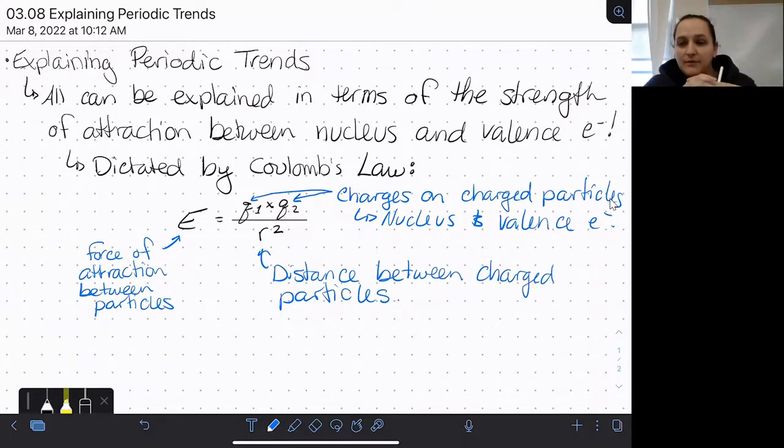So the takeaway from Coulomb's law is that the energy or the strength of the attraction is related to 2 main things: the size of the charge and the distance between those charges. The way that it's related, we can see from this equation, which is the only reason why I show you this equation, is that larger charges lead to stronger attractions.